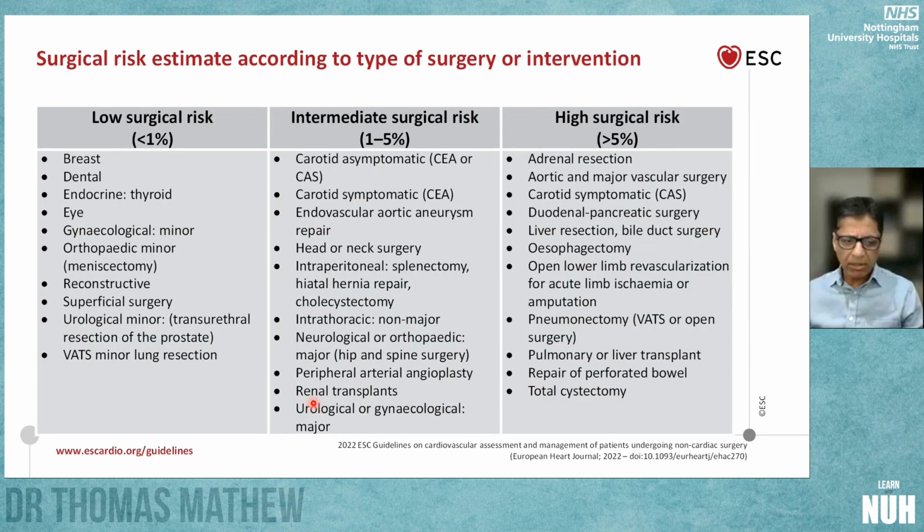So there are some general considerations within the document which most of us are aware of and which are largely unchanged from previous guidelines. One is the surgical risk, depending on the type of surgery, specifically for cardiovascular events. And this is what we use for risk scoring, which I'll come to later.